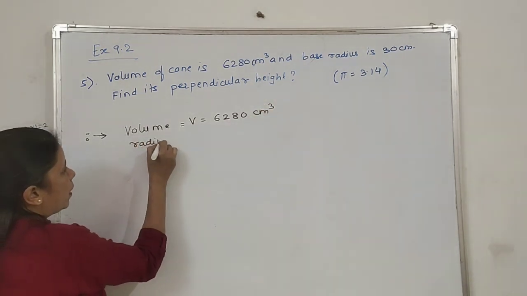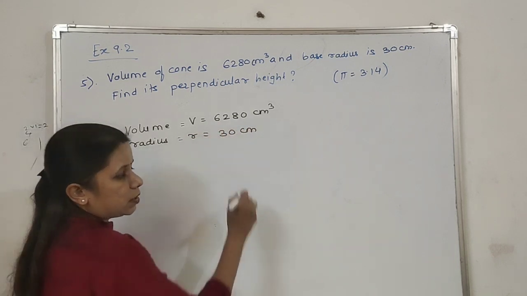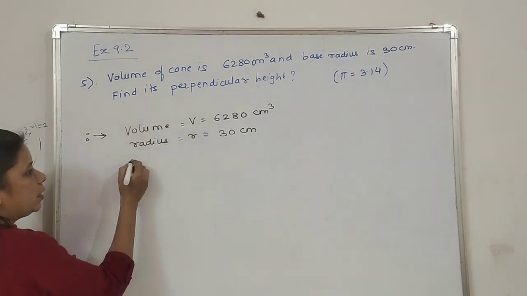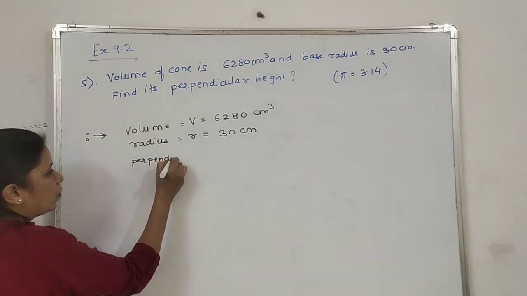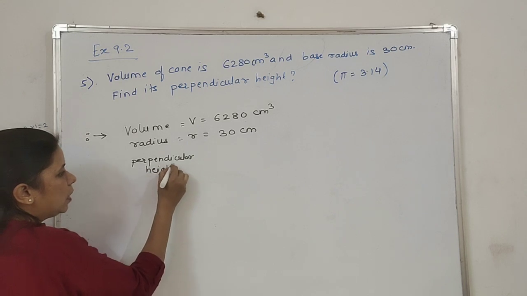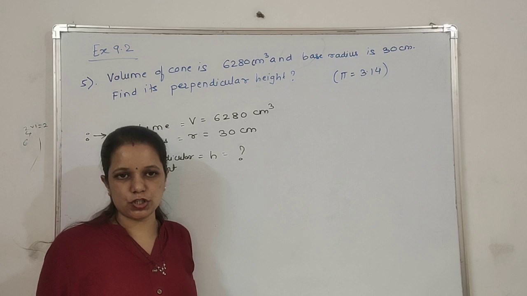Radius R is equal to 30 centimeter. And now we are required to find the perpendicular height. For a cone we have two heights, so perpendicular height is H, and we give a question mark.